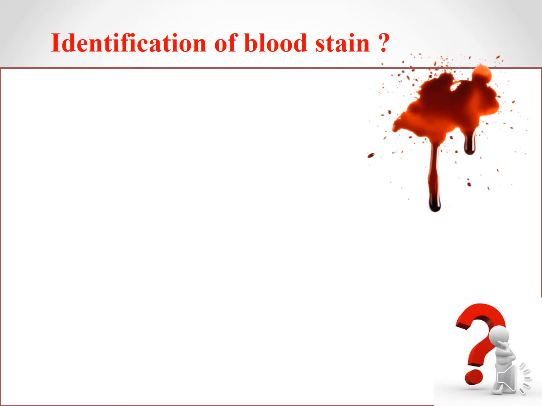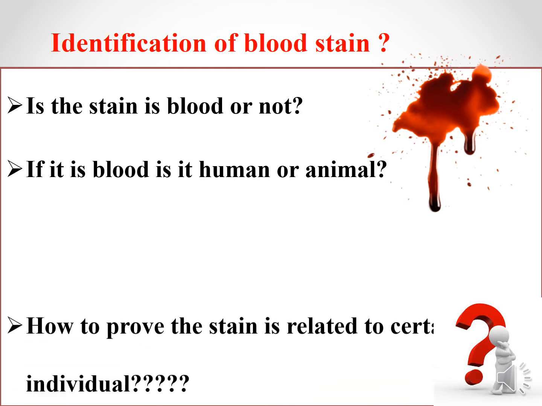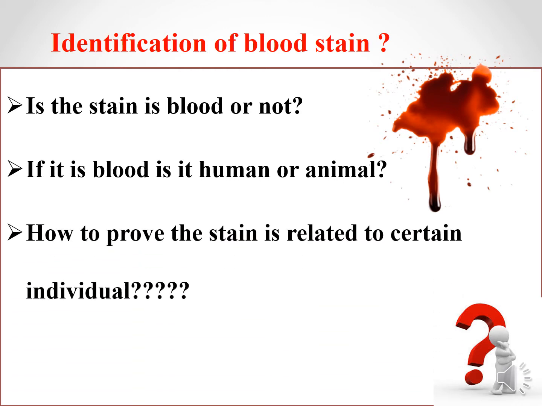Identification of blood stain is to determine whether the stain is blood or not, whether it is from human or animals, and finally, how to prove the stain is related to a certain individual.